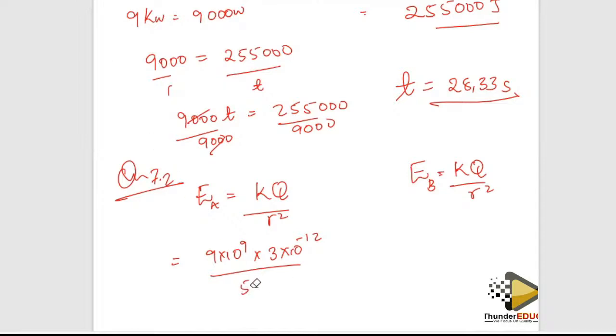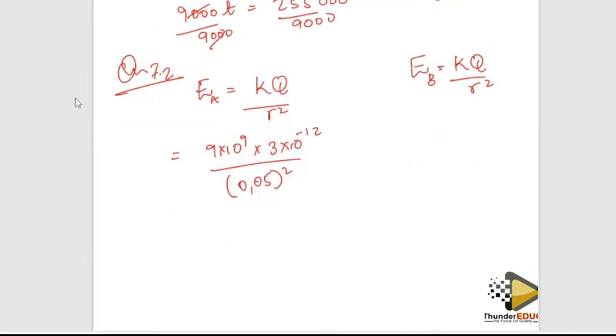I can divide the 5 by 100, which is going to be 0.05, squared. If that happens, what do I get? Let me punch that into the calculator: 9 times 10 to the 9 times 3 times 10 to the negative 12 over 0.05 squared. I'm getting 10.8.